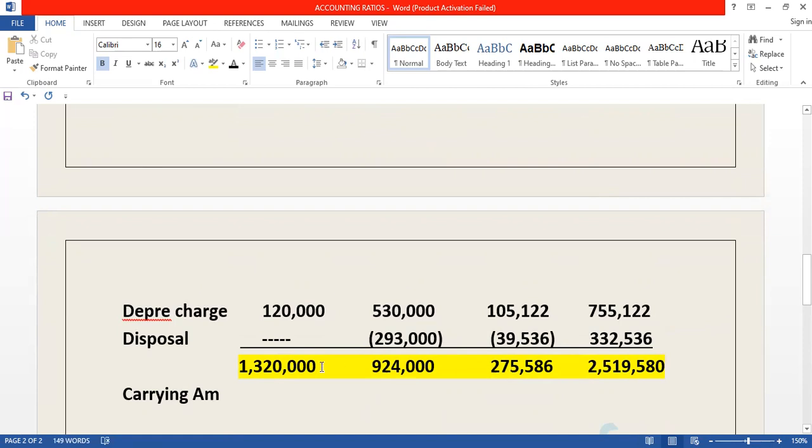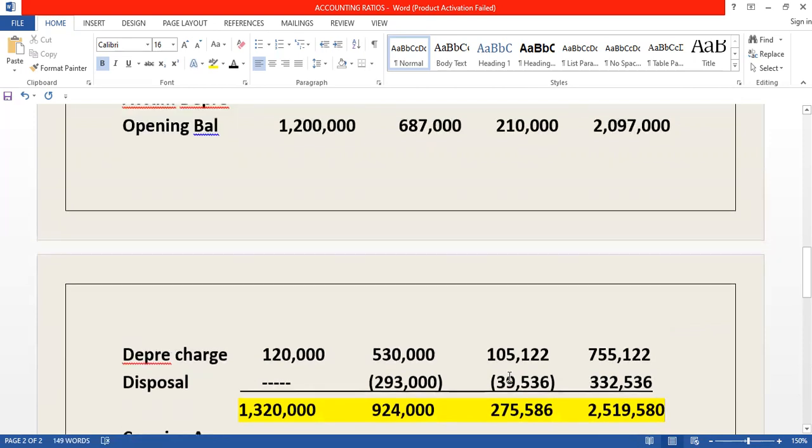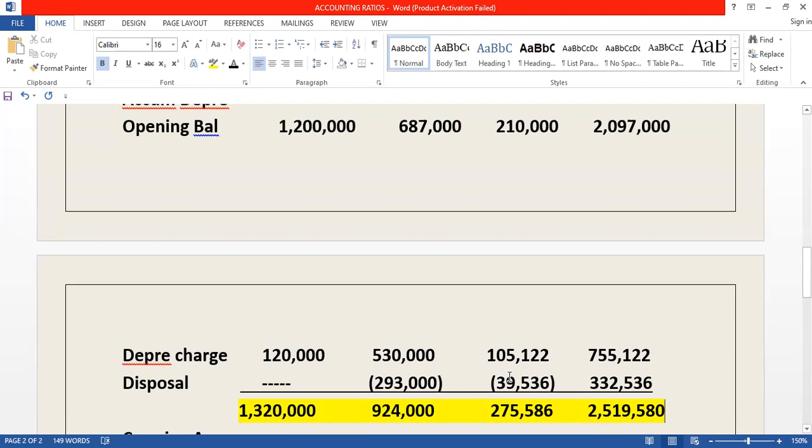Can you cross-check this total figure we have, especially for motor vehicles? Are we sure it's right? 210 plus 105 minus 39. That last one, I said 586. It's 586, not 27. 2,519,586.